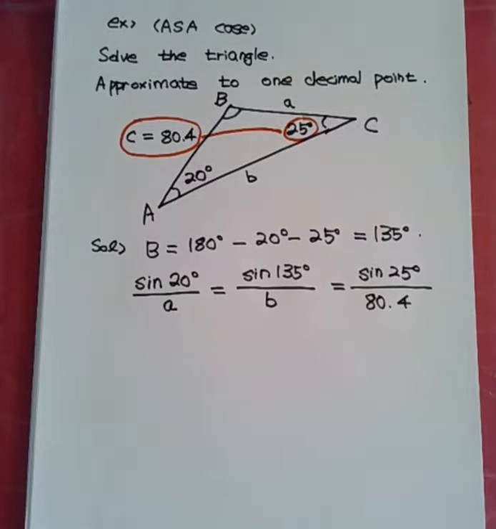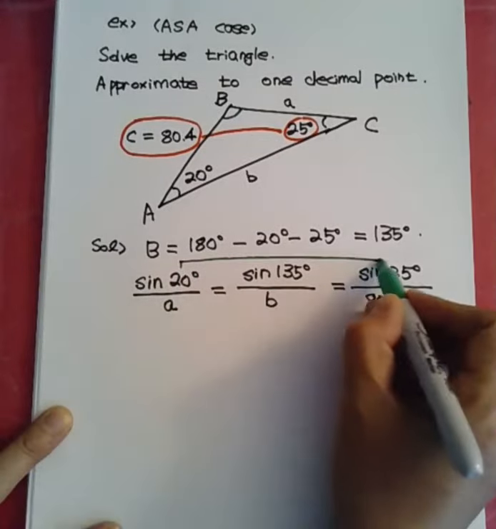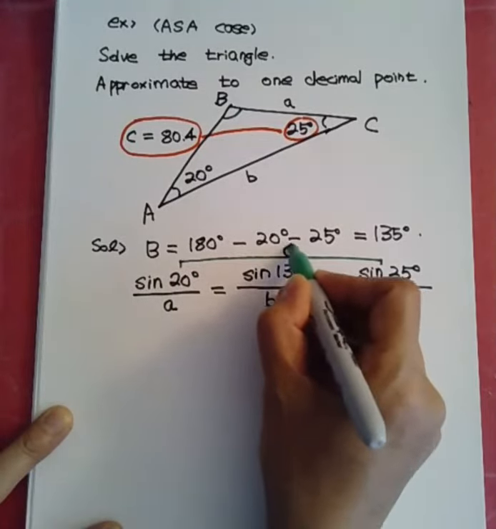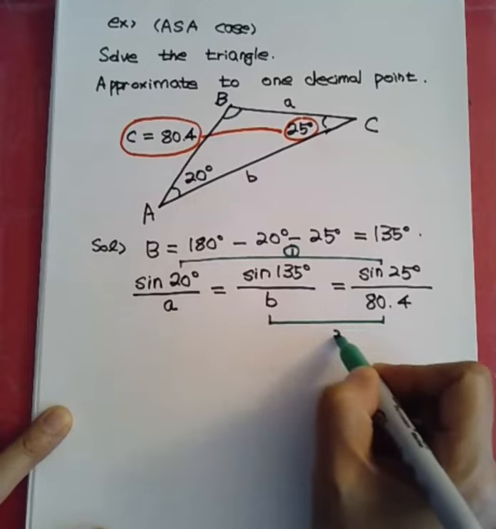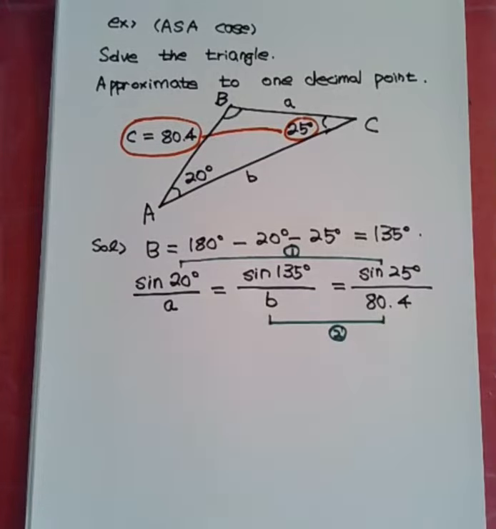So we will figure out A by using this equation, and then we will figure out side length B.